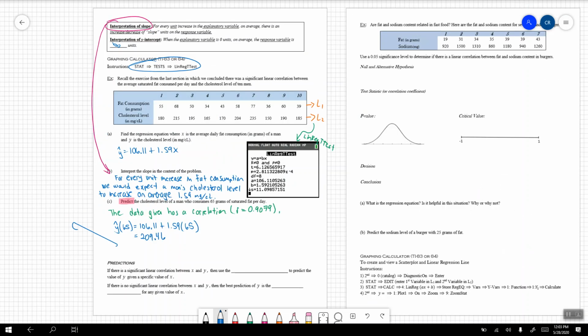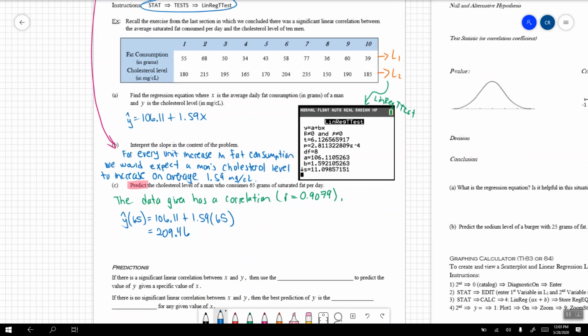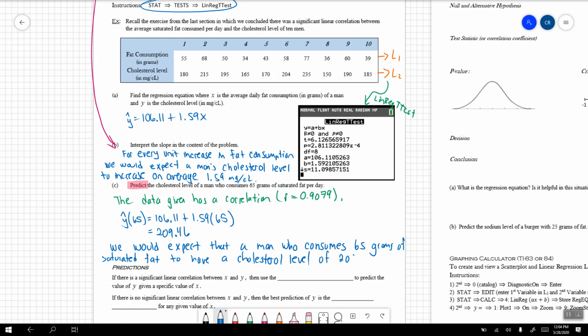So I'm going to say, we would expect that a man who consumes 65 grams of saturated fat to have a cholesterol level of 209.46 in milligrams per centiliter. And that's a prediction for it.